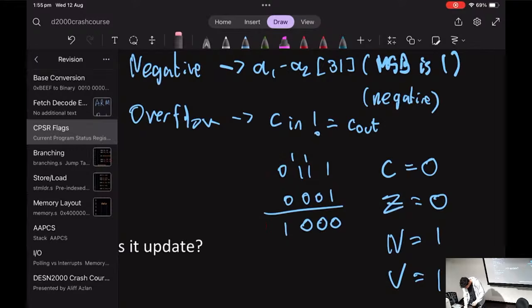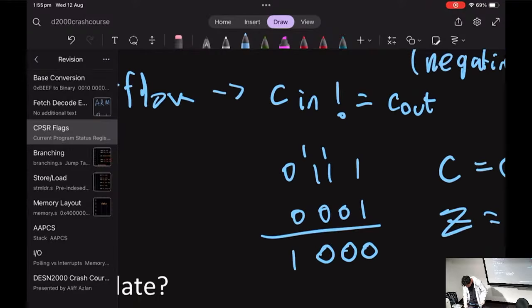So when we did this calculation, say we did 1 plus 1 plus 0, that gives us 10, correct? So we put a 0 here, and then we have this carry on the last digits.